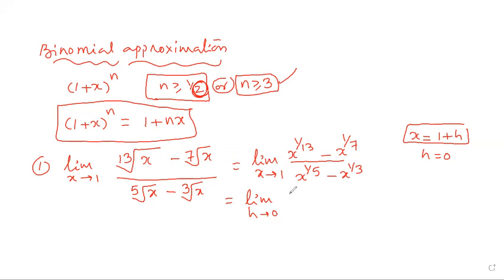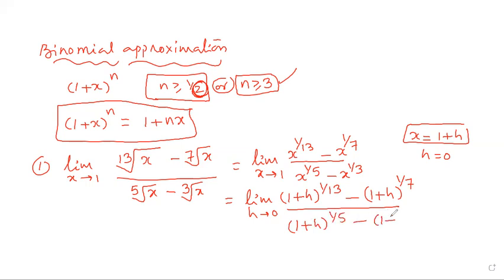So it is 1 plus h whole power of 1 by 13 minus 1 plus h whole power of 1 by 7, over 1 plus h whole power of 1 by 5 minus 1 plus h whole power of 1 by 3.